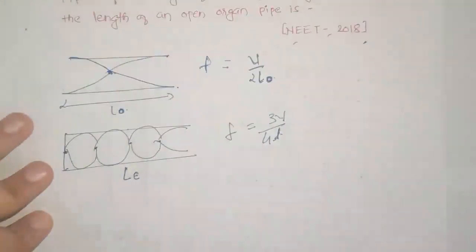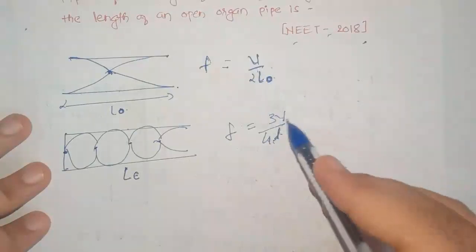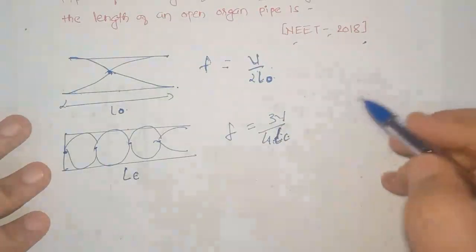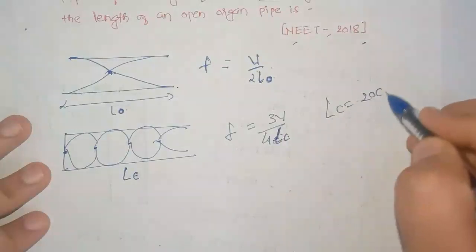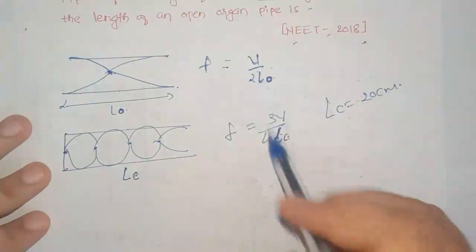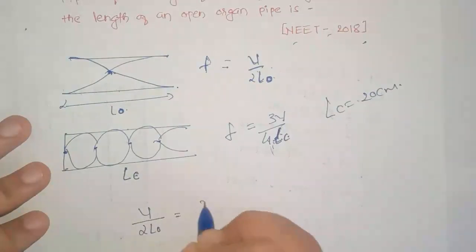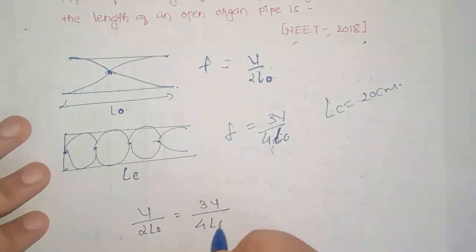So these two are same. This is length of closed organ pipe, and given LC is equals to 20 centimeter. So we can compare this. V upon 2LO is equals to 3V upon 4LC. This V will get cancelled out.